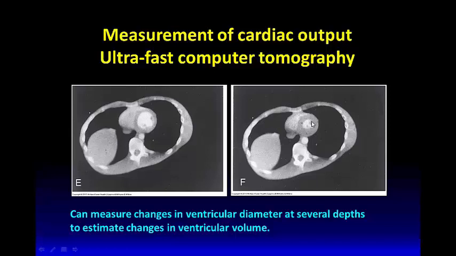Here we have the left ventricle in systole and the right ventricle in systole, and the same left and right ventricles in diastole. So by recording changes in the ventricular dimensions during systole and diastole, ultra-fast computer tomography can compute the stroke volume, and then we multiply the stroke volume by the heart rate.